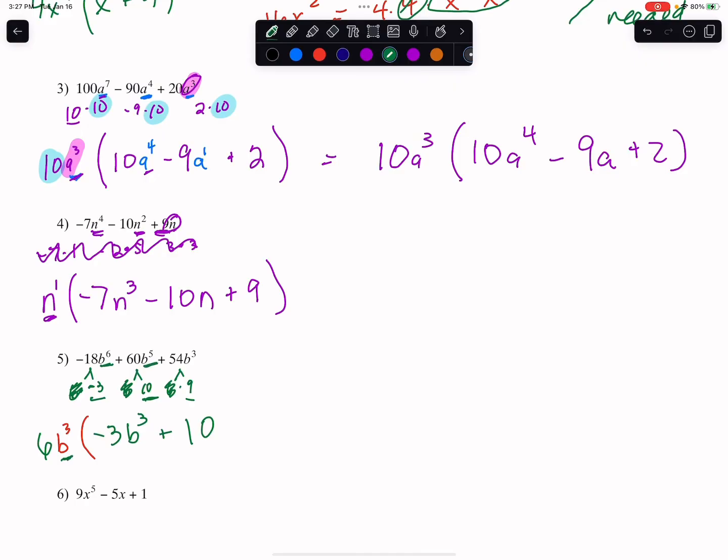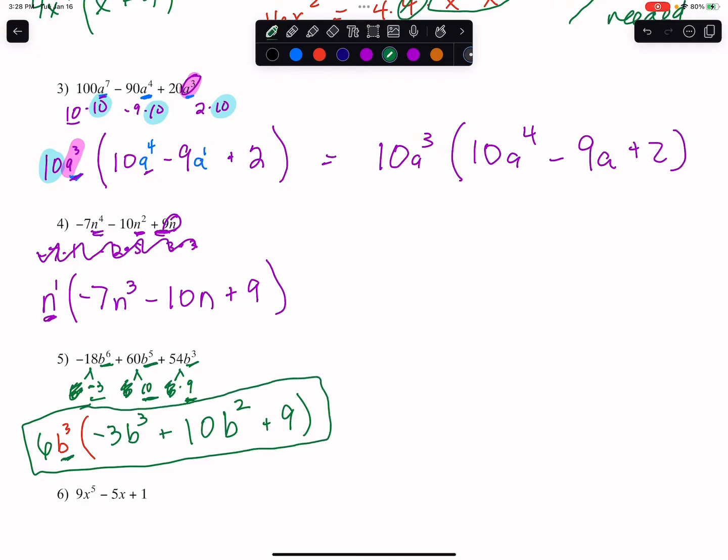I took out 3. That means I have 2 left. And finally, we have our 9 over here from there. And then I had 3. I took out all 3, which means there's nothing left on the inside. This is your final answer. Okay?